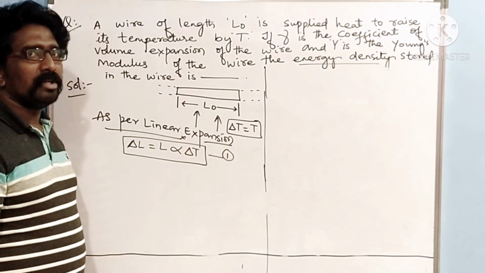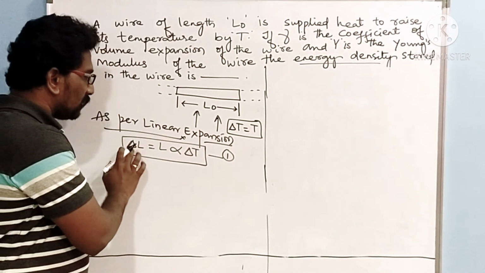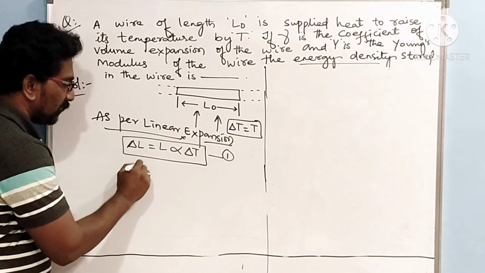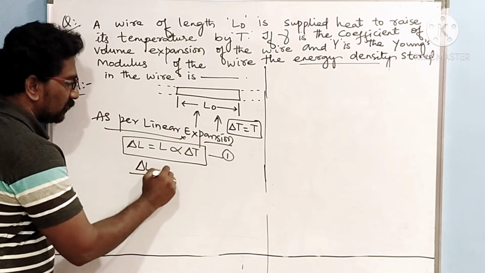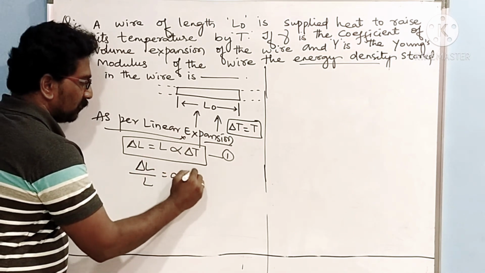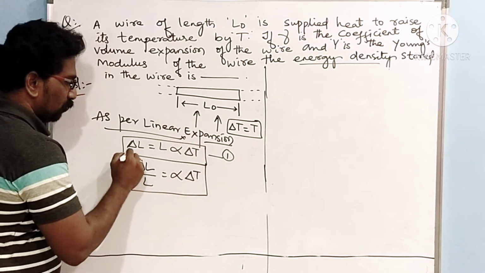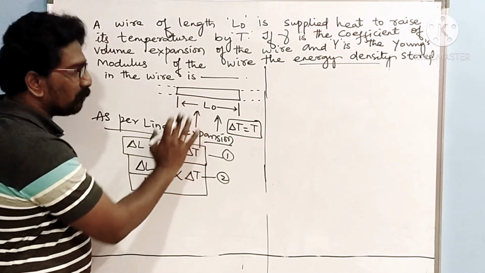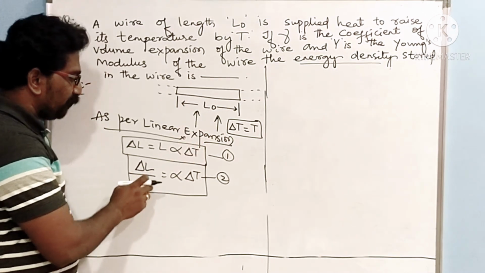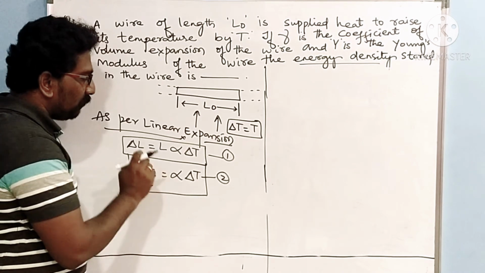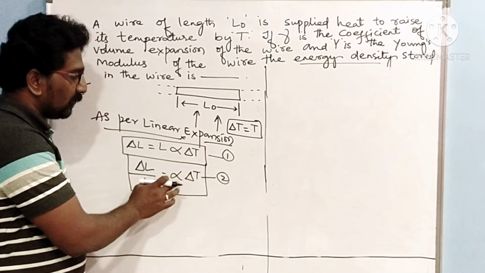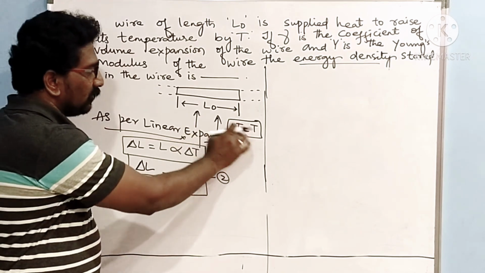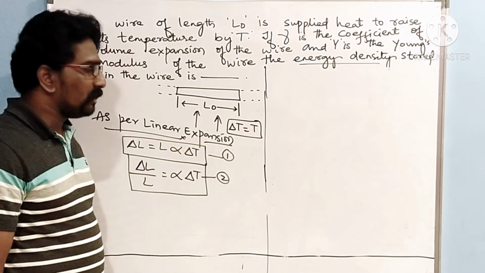And this equation, delta L is equal to L alpha delta T, we can write as delta L over L is equal to alpha delta T. Let it be my equation number 2. What is this delta L? Delta L is the change in length once the heat is applied to this wire, L is the original length, alpha is the coefficient of linear expansion, and delta T is the raised temperature or change in temperature.